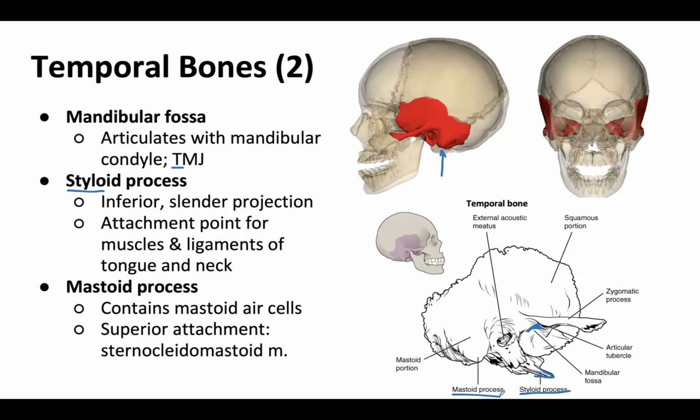This area may look big and bulky, but it actually contains several mastoid air cells, so just kind of pockets of air and holes within the bone that are considered air cells that can communicate with the middle ear. In fact, middle ear infections that go untreated can spread into this air cell region and cause inflammation and pain, and that is called mastoiditis.